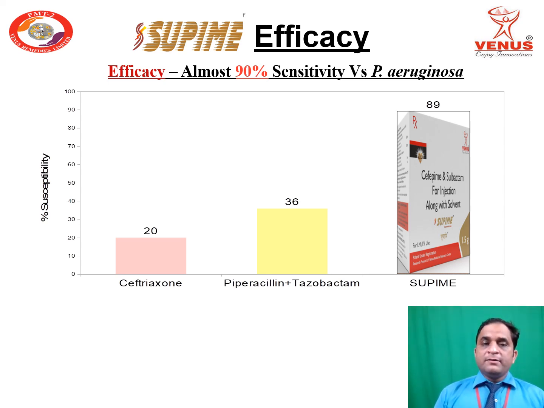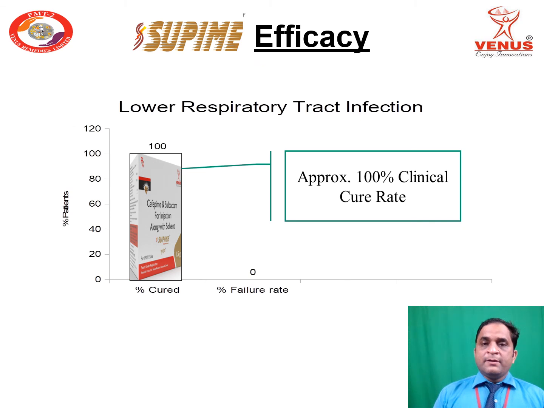After sensitivity, under this unique point of efficacy, now we will discuss the clinical cure rate. Clinical cure rate of Supine in lower respiratory tract infection: according to the study we have, the clinical cure rate of Supine in LRTI is approximately 100%.